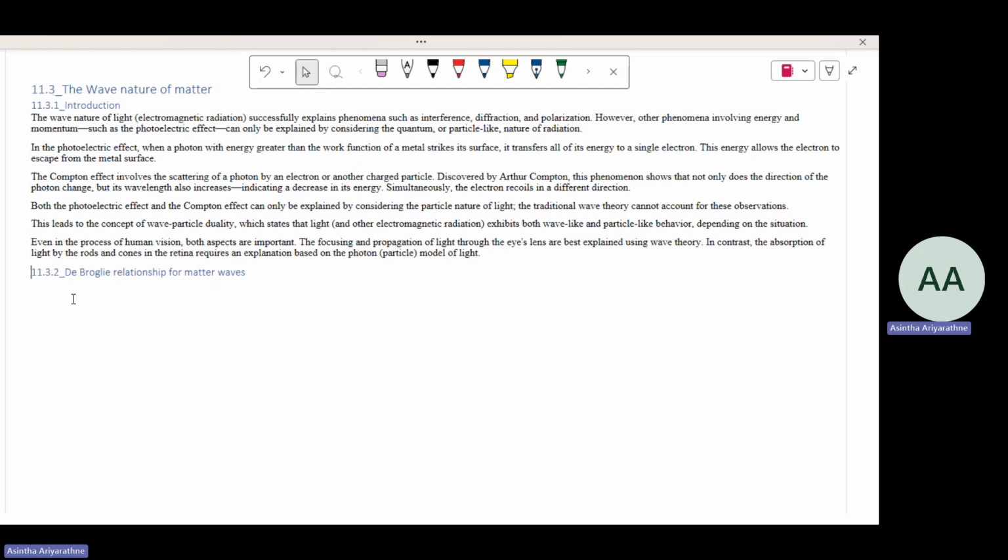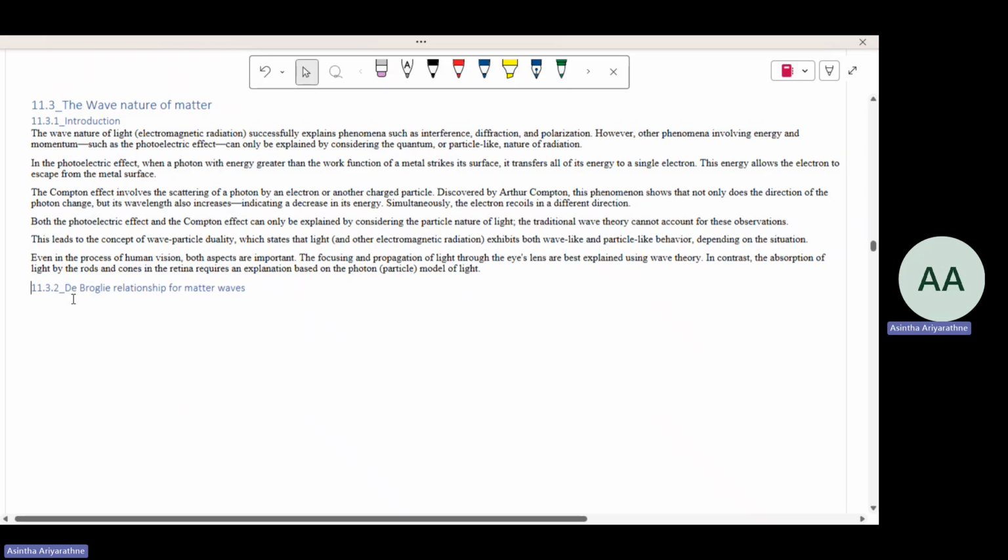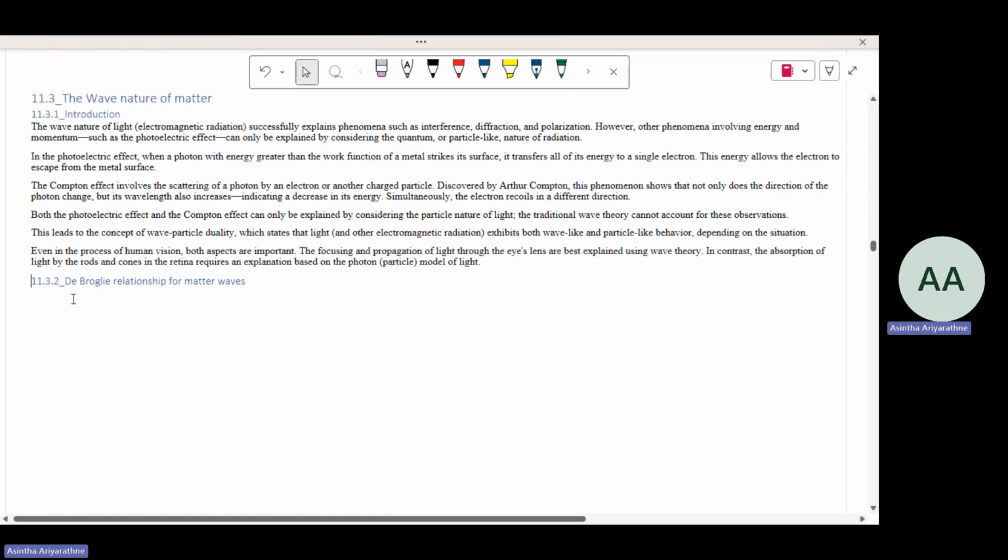When a photon hits a metal with sufficient energy, the metal absorbs the energy and releases electrons out. That is how it can be described, not using the properties of waves.